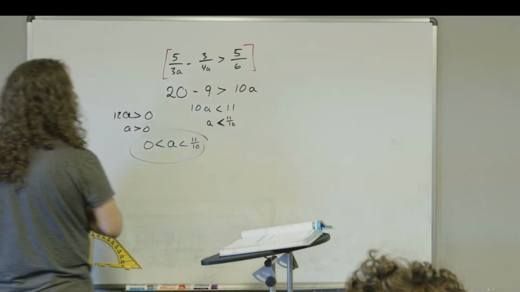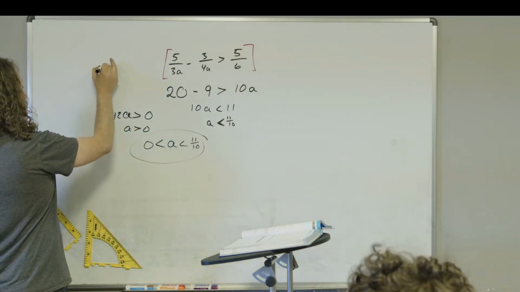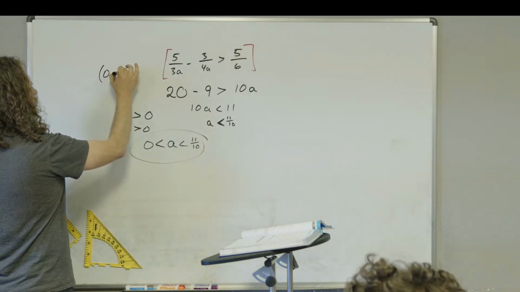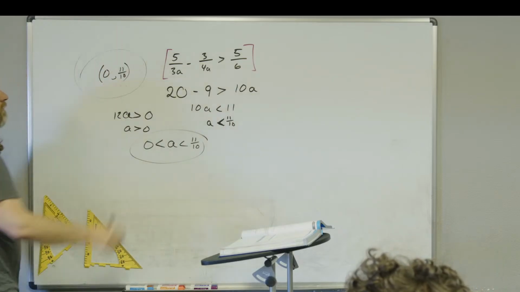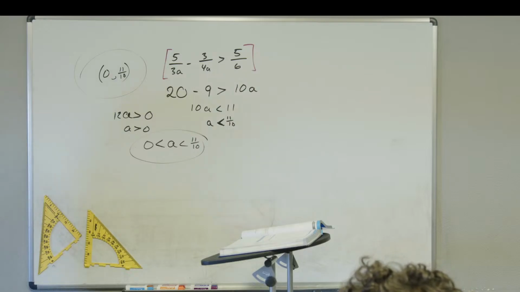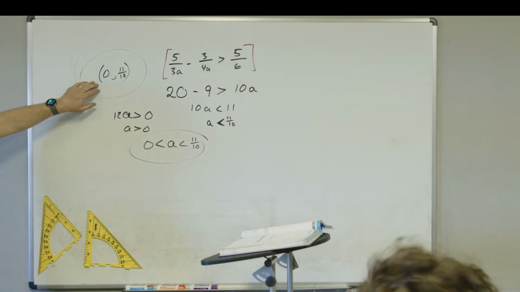Or if you wanted to write it in interval notation, it would be 0 to 11 tenths, non-inclusive. Do you have a preference for which one you write this? On this problem, no. When we're talking about domain and range in this class, we do it this way.